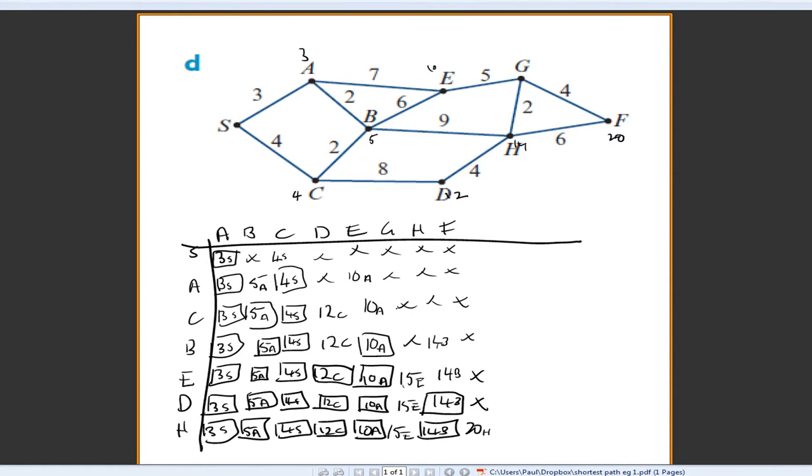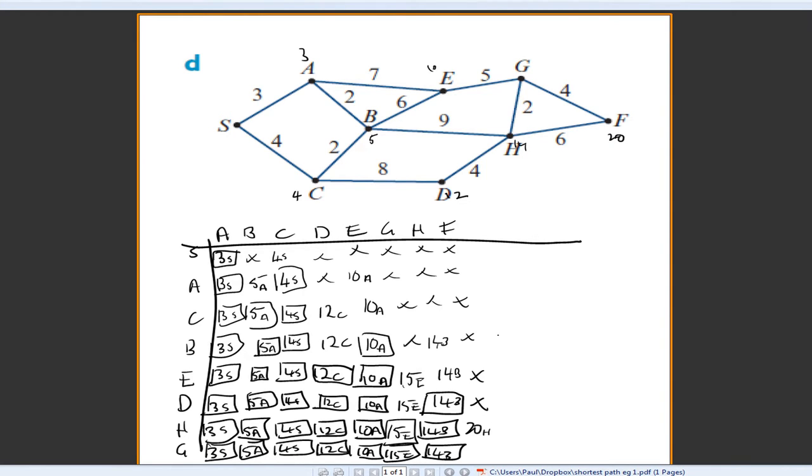Alright, where is it? G is the smallest value, 15. So you can write down G. Alright, I got 3S, 5A, 4S, 12C, 10A, 15E, 14B.